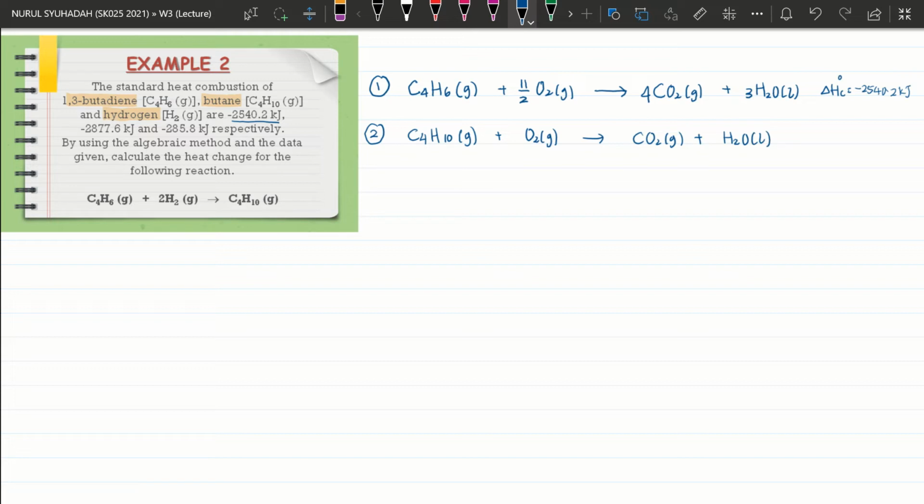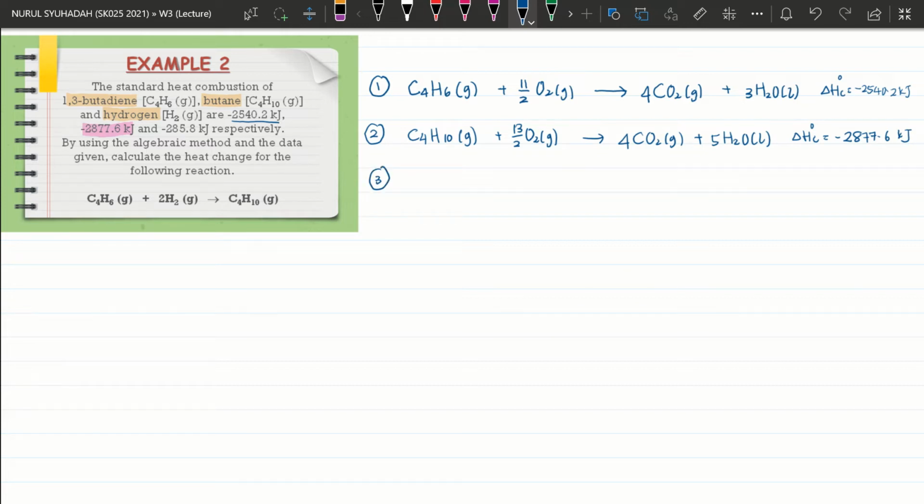Balance the equation: 4 carbon dioxide, 5 H2O, and oxygen 13 over 2. So delta H not C for butane, the value is negative 2877.6 kilojoule, so write down that value.